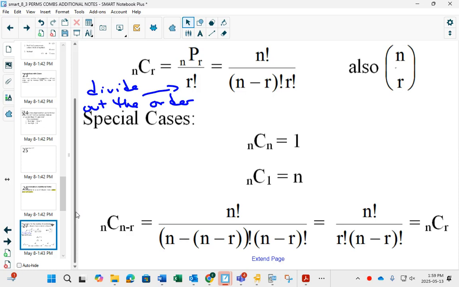It's much easier if I start with just 10 cards. If I choose a group of 3 from 10, I'm always left with a group of 7. If I make a new group of 3, I make a new group of 7. And so 10 choose 3 is the same as 10 choose 7. And that's what this idea says at the bottom.